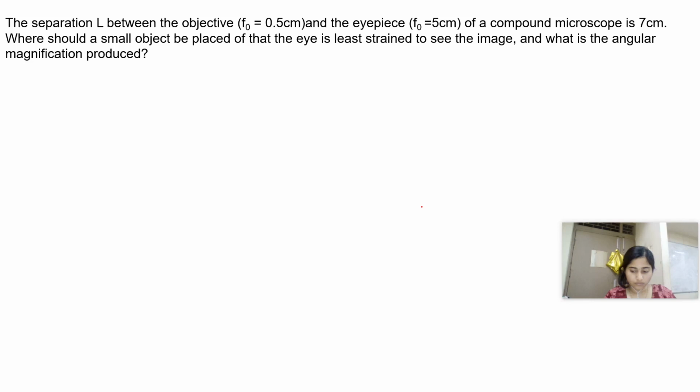So how to find it? You know that for a lens the formula will be 1 by v minus 1 by u is equal to 1 by f. Fo we will get.